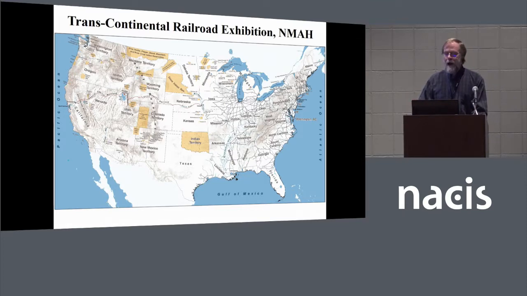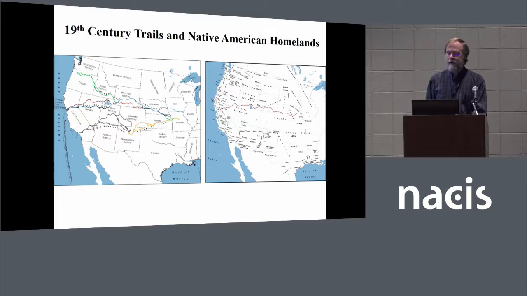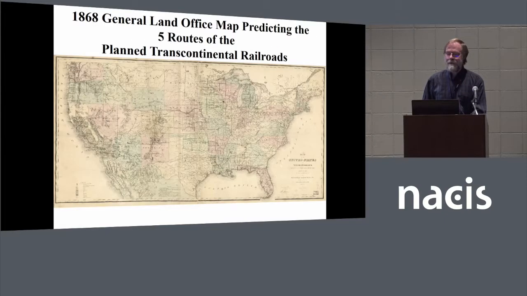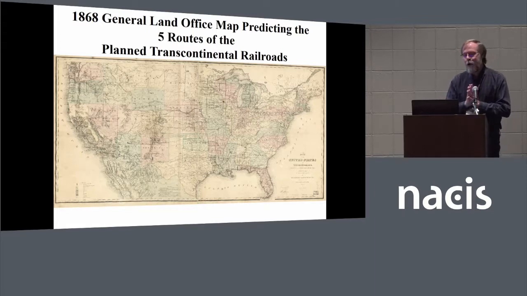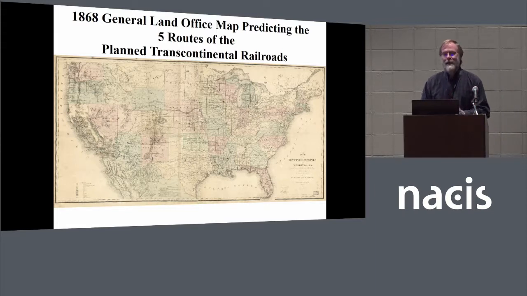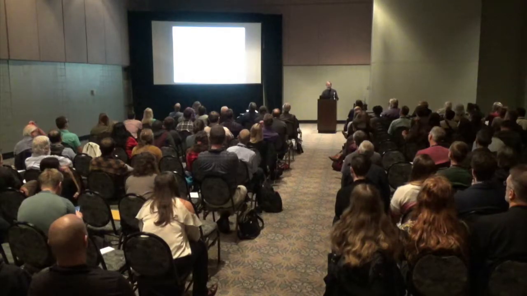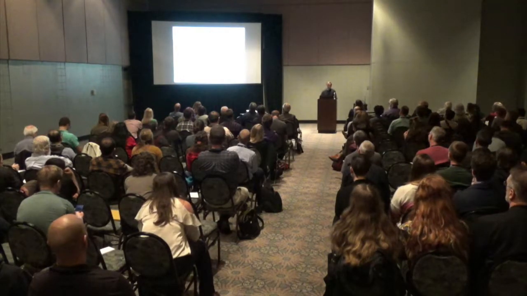And then there were a couple of extra maps that people would look at, as well as showing existing trails and whatnot and all the American Indian groups, and I'm getting close to finishing. But the museum director overruled the curator and the exhibit staff and decided to have this map instead, because it's a historic map, and oh well, at least.